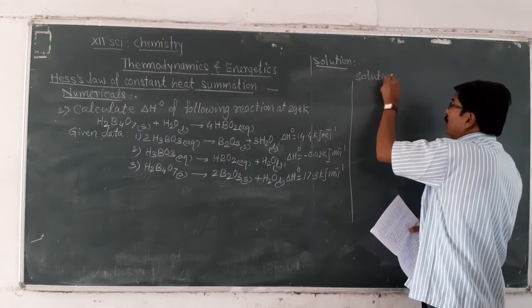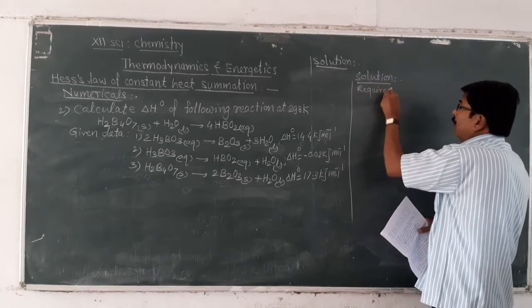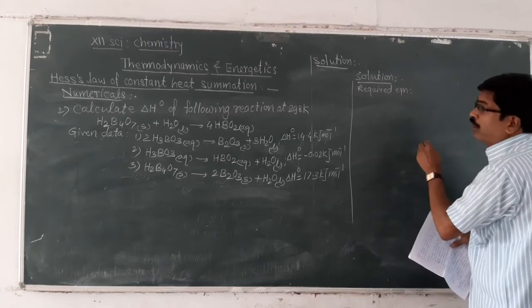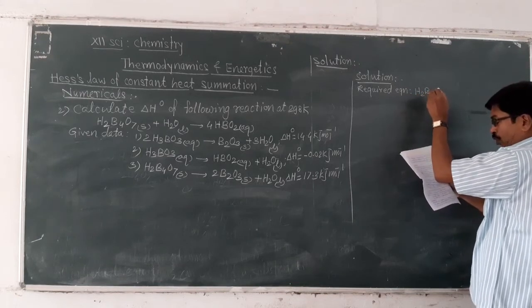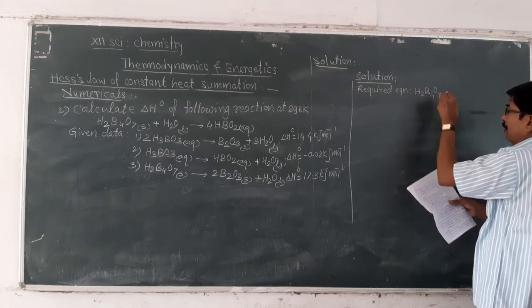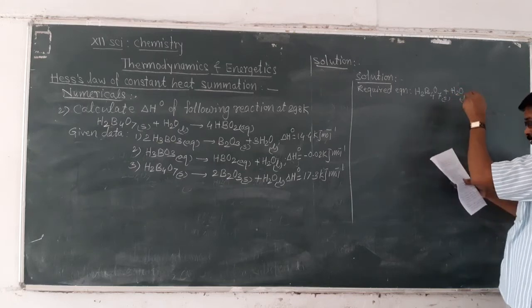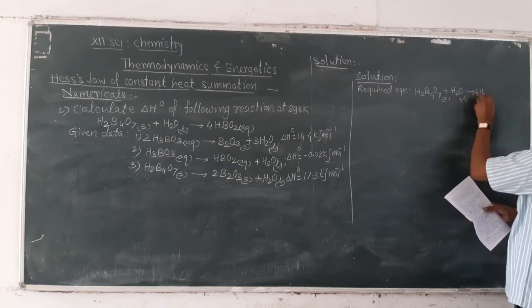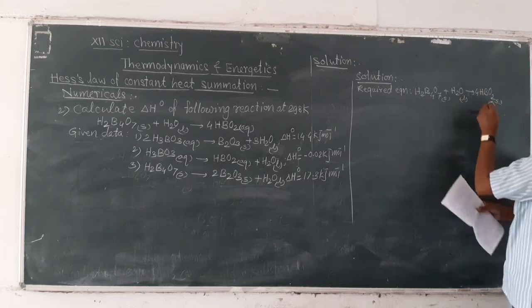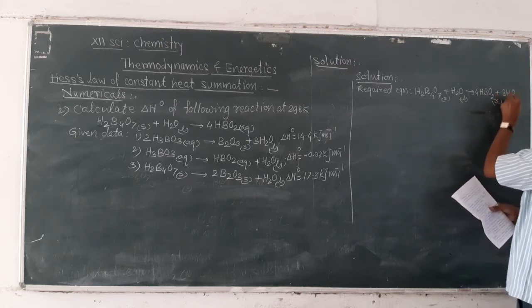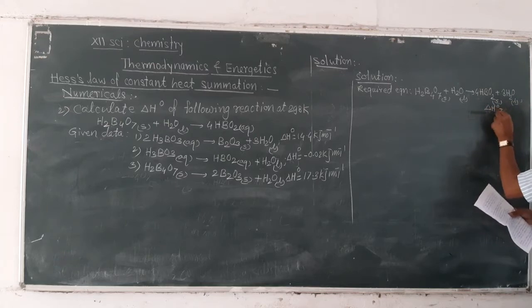How is this problem solved? The required equation is H2B4O7 solid plus H2O liquid to give 4HBO2 solid plus 3H2 liquid, and we have to calculate the enthalpy change of this reaction.